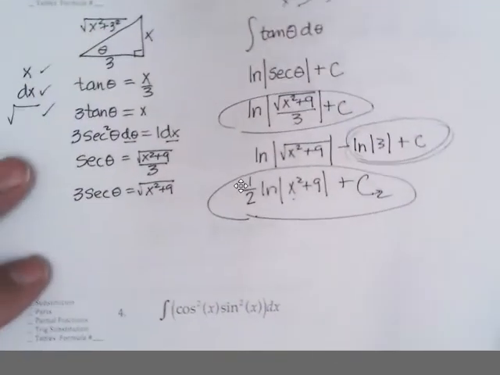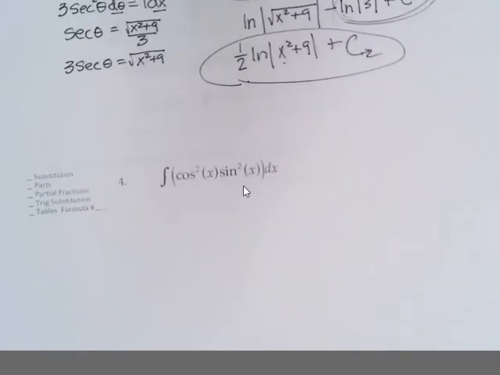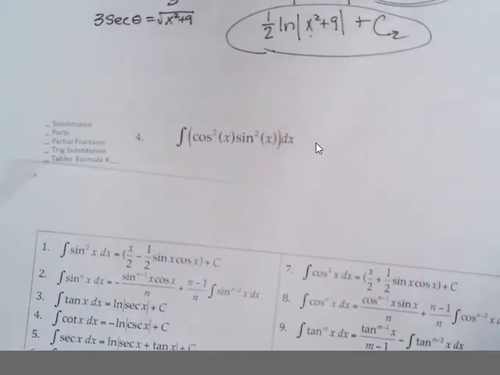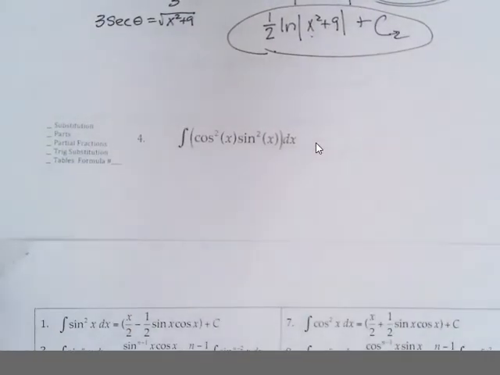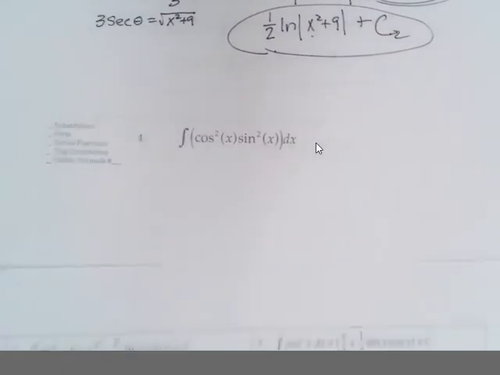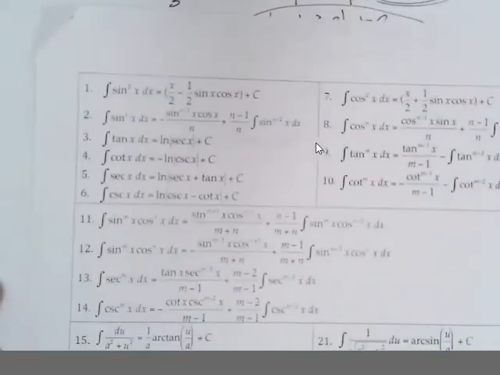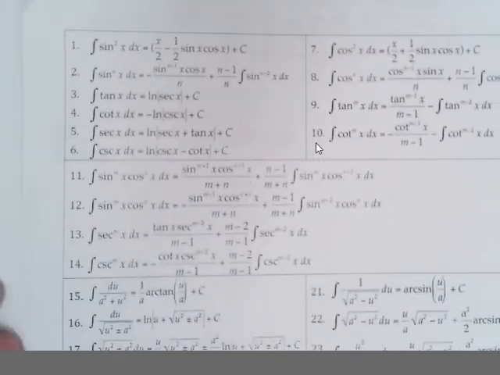and do this one by tables, which means I need to have my tables up here too. I'm going to do this one twice, simply because there's two formulas on the table that really can help us with this to start it.